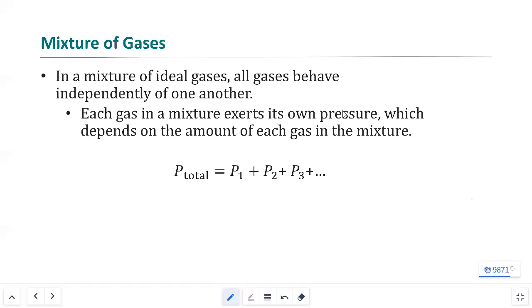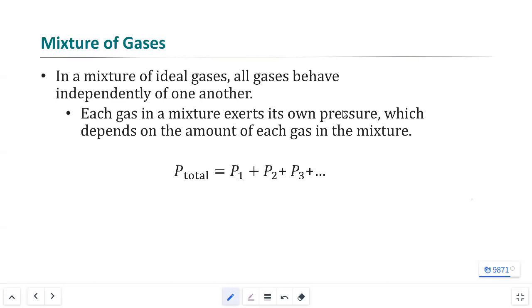We call that individual pressure a partial pressure because it is part of the overall pressure that we would see by the gas. So if we're measuring the pressure of this room, we're going to be measuring the total pressure exerted by all of the different kinds of gas that are in this room in total.